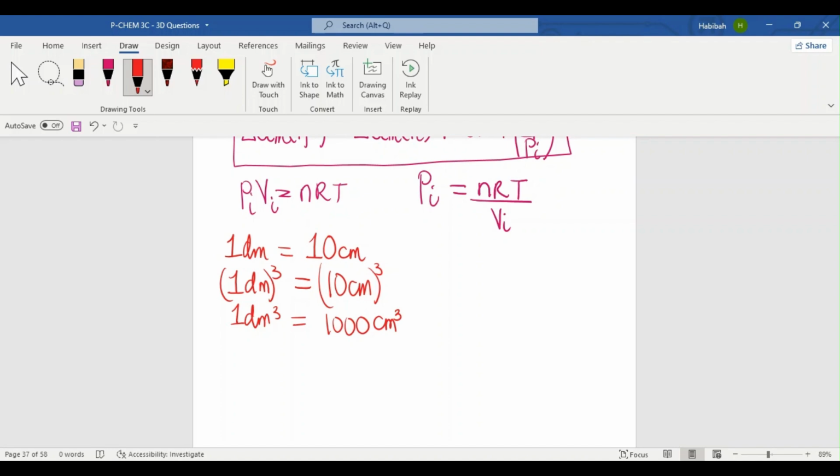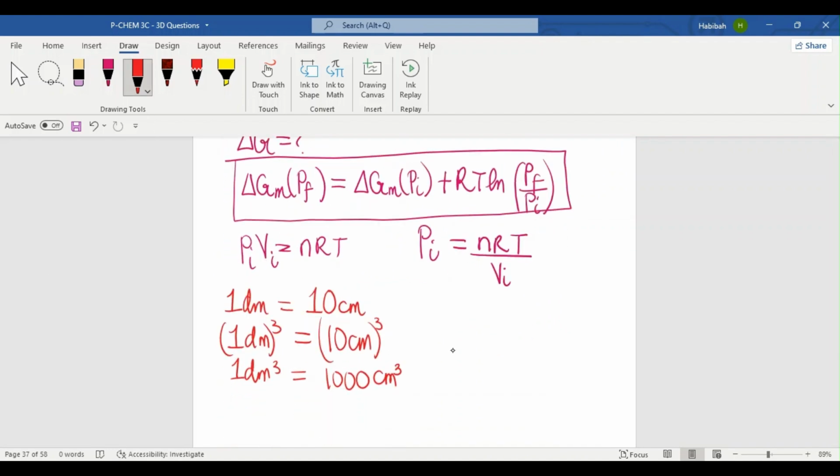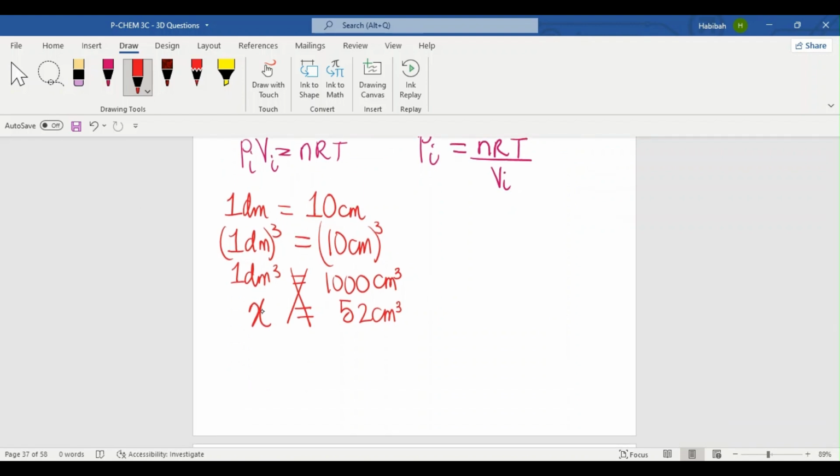So you have that, and you have the 52 centimeter cubed. Let's call this unknown x, because we're trying to find what this value is. So 1,000 centimeter cubed times x equals 52 centimeter cubed times 1 decimeter cubed.